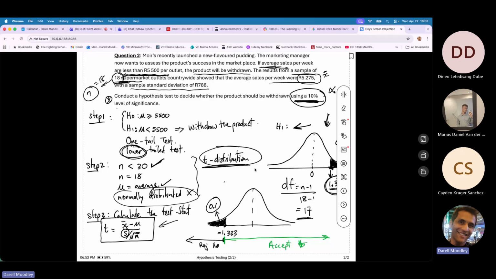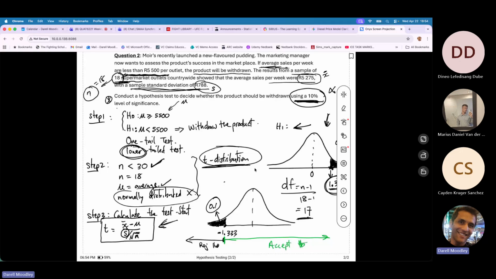Your n is 18. Your sample standard deviation, that's your s. Sigma is the population standard deviation. S is the sample standard deviation. So that's 788. And the last thing you need is your mu, and you get that from your H0.